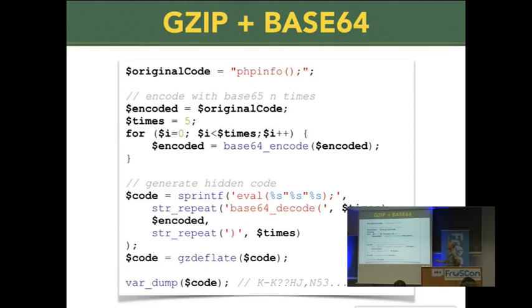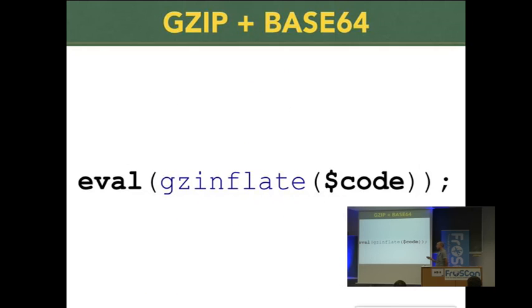Then we can use GZIP to compress it. GZIP is also lossless, so we will be able to get the original information. So we'll get a compressed code. Then, using this, we'll be able to execute the code. We'll see an example also with this later.